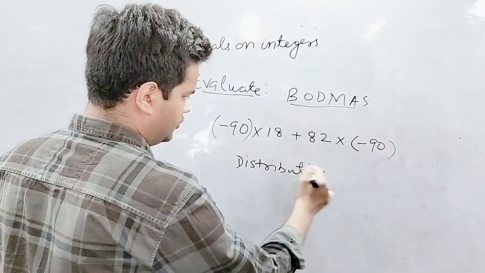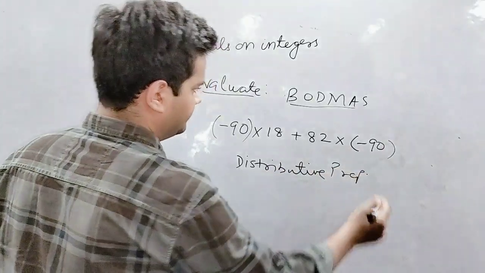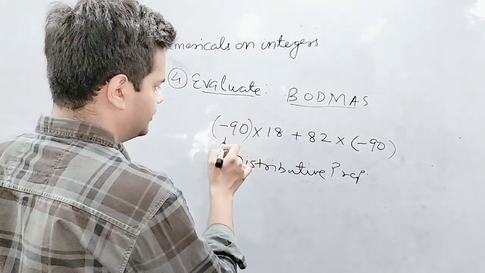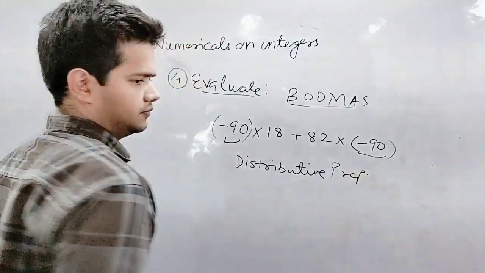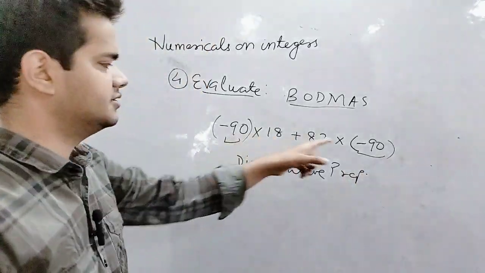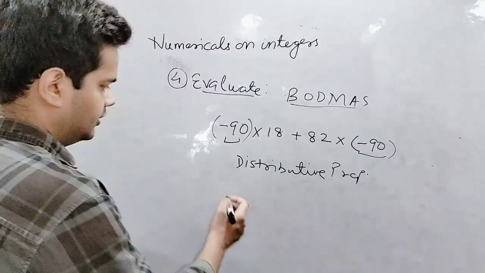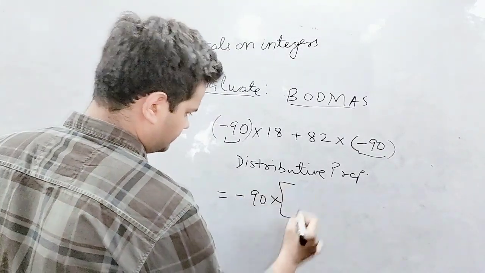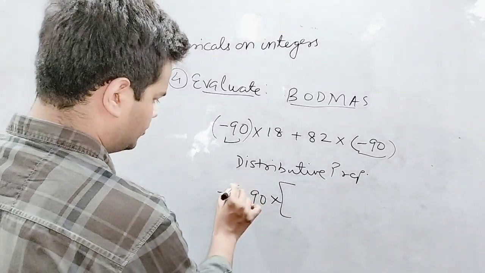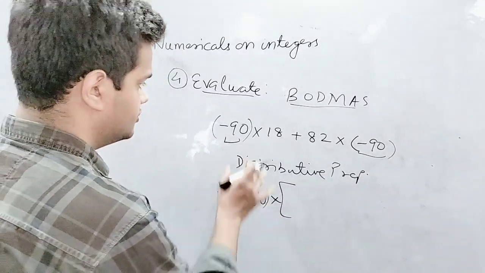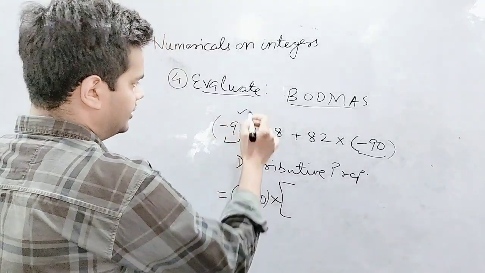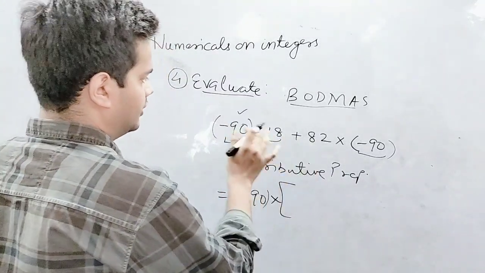ये क्वेश्चन करेंगे by using distributive property. इसमें क्या होता है, I'm going to take the number common which is repeating. यहाँ पे जो minus 90 है वो रिपीट हो रहा है, इसलिए वो ब्रैकेट के बाहर आ जाएगा. ओके, तो उसको हम कौन बोलते हैं? What is common? जो दोनों में रिपीट हो रहा हो ना. यहाँ पे जो कॉमन आया था उसका पार्टनर देखना है.